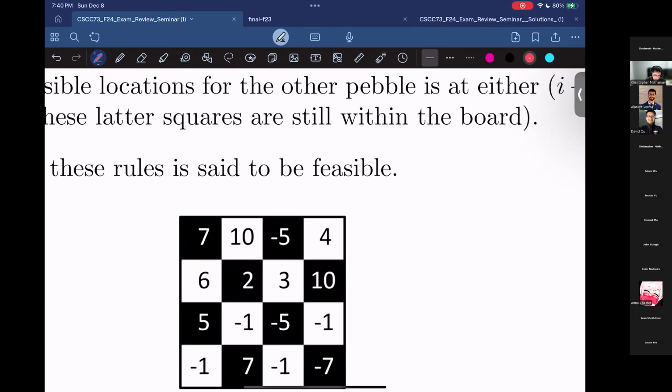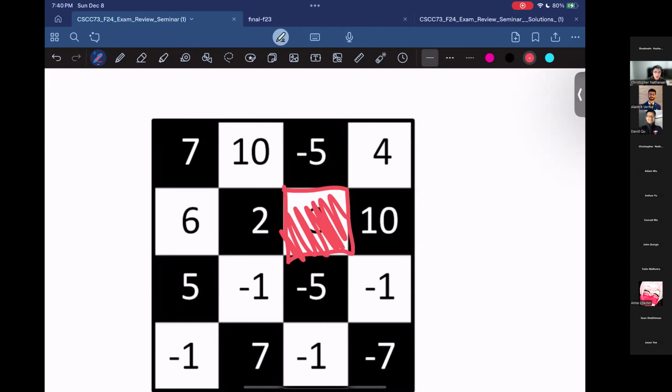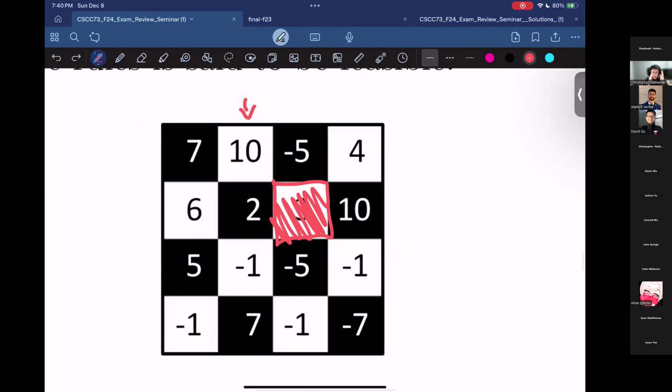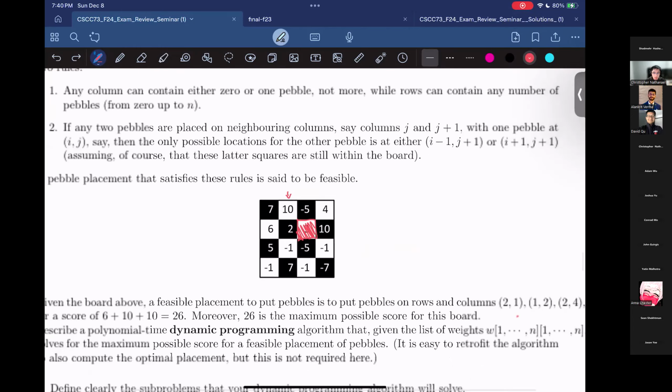The placement of 1 pebble determines the next 2. But at the same time, if we know that the pebble has to be in this box, that means in the previous column, the pebble is either here or it's here, or there was no pebble at all in that column. It can't be both, because a column can either have 0 or exactly 1 pebble. Is that part clear?